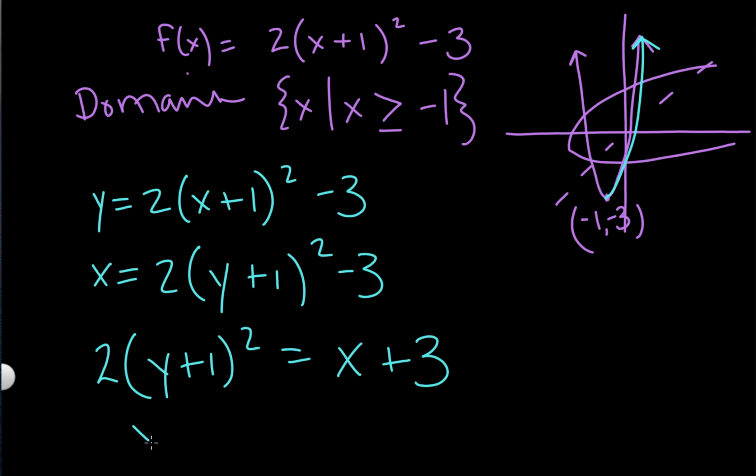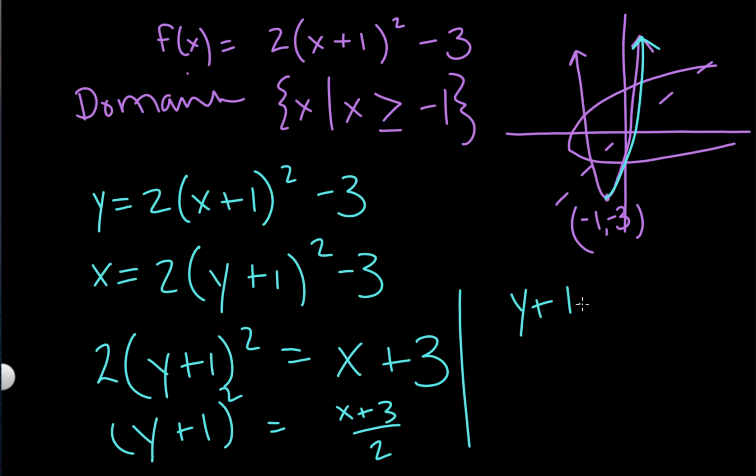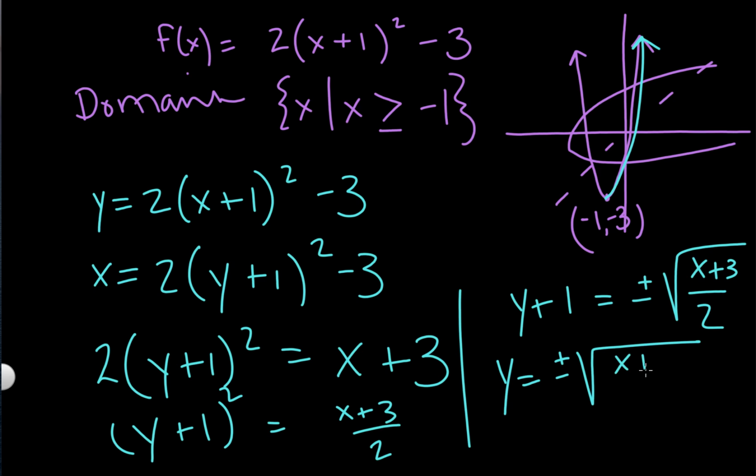Dividing by 2, I end up with the quantity y plus 1 squared equals x plus 3 over 2. Taking the square root of both sides, we get y plus 1 equals plus or minus the square root of x plus 3 over 2, or y is equal to plus or minus the square root of x plus 3 over 2, and then minus 1.